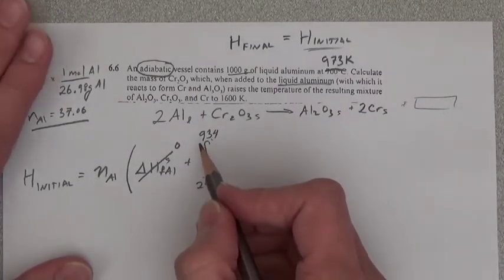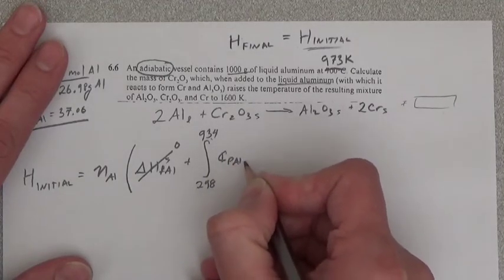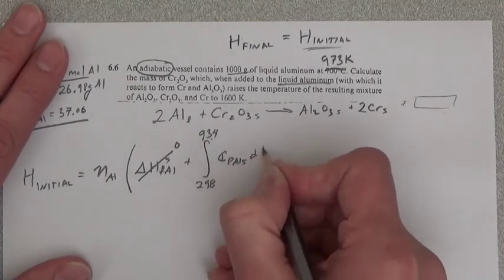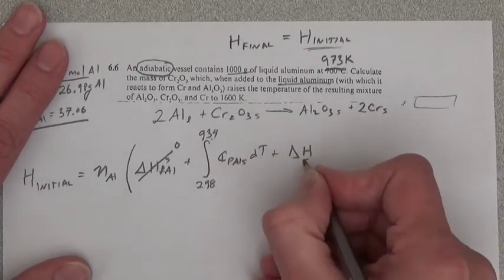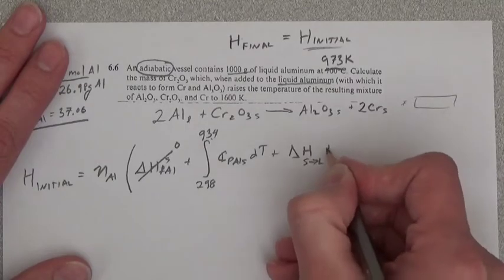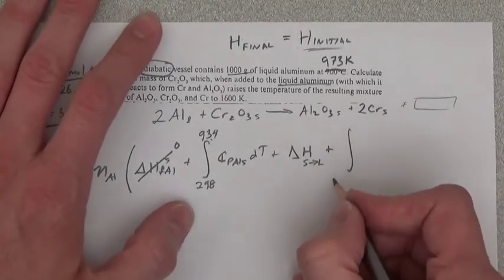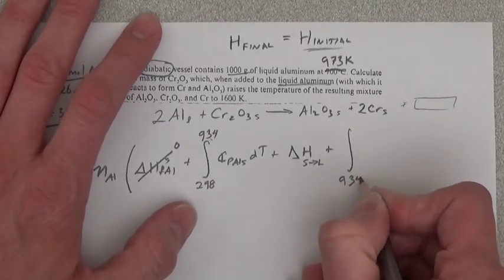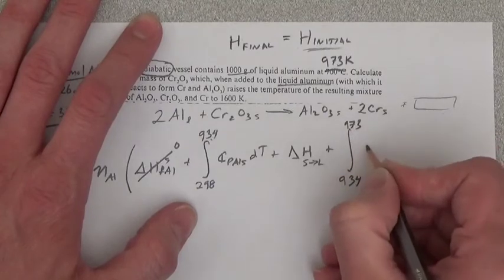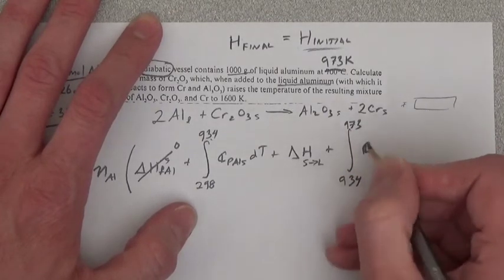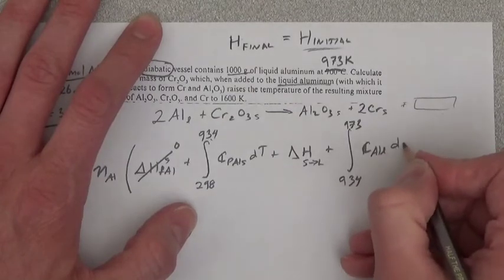So 298 to 934 K, heat capacity of Al solid dT, plus delta H of solid to liquid, plus the rest of the path, that's from 934 to 973, heat capacity of liquid aluminum dT.